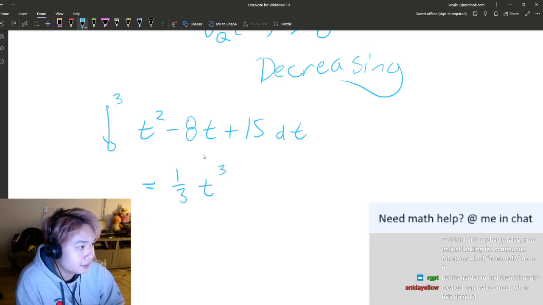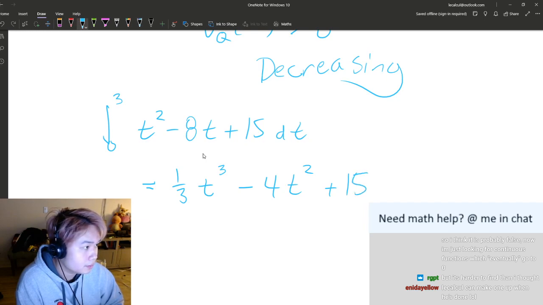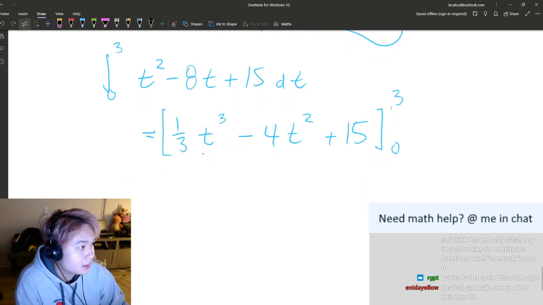So we have some integrals to take, from 0 to 3.